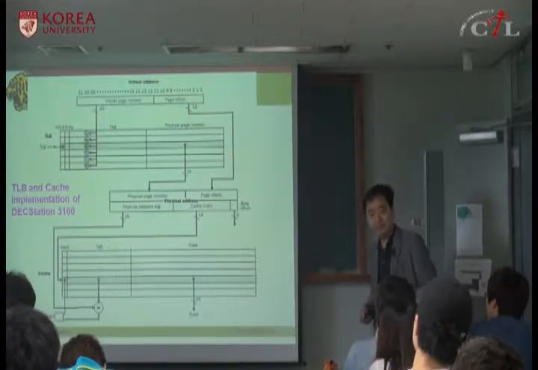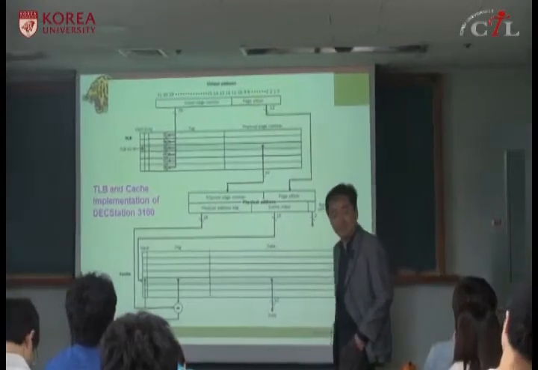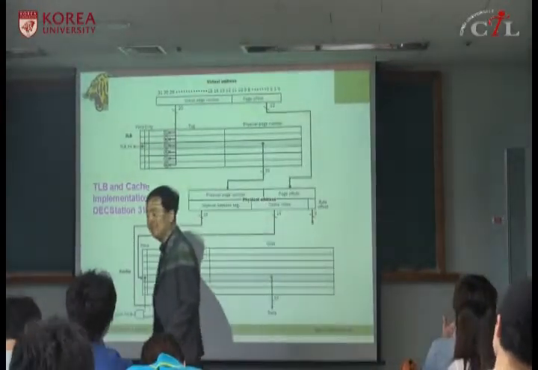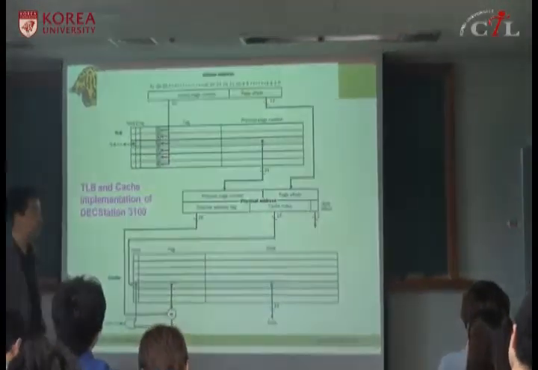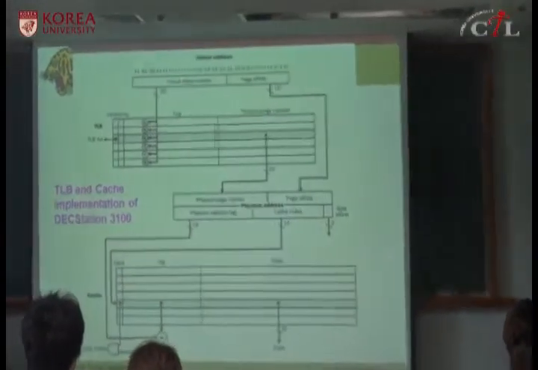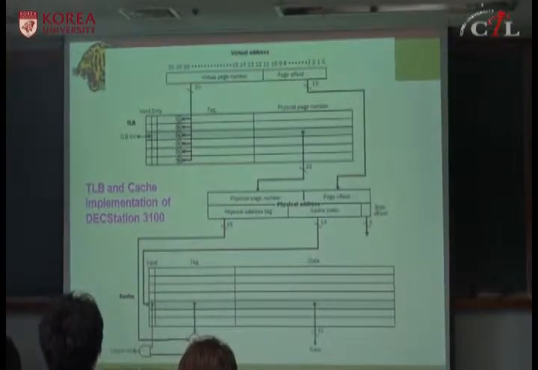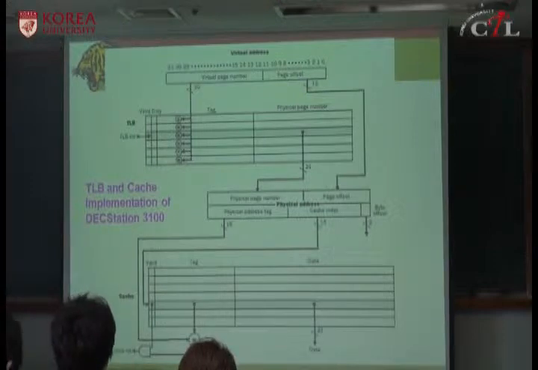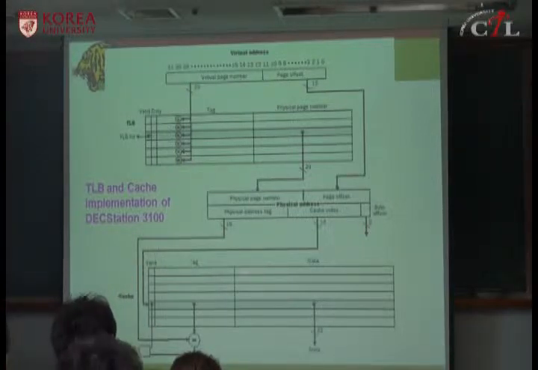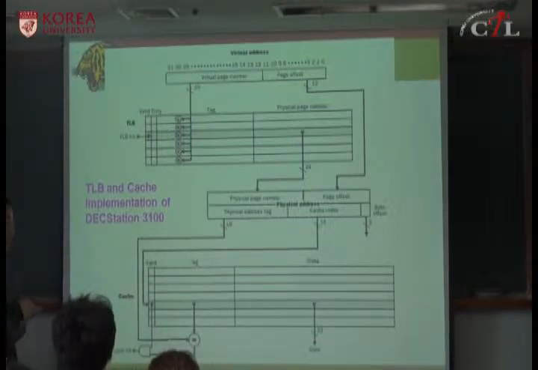What is the block size for this cache? Here, the data is 32 bits, which means 4 bytes.